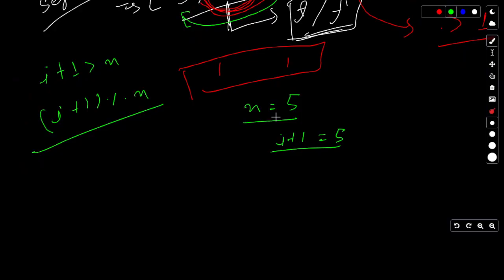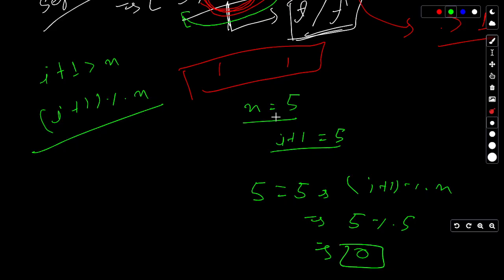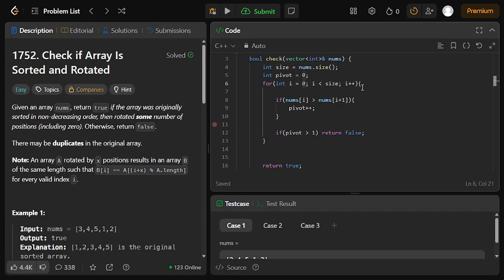When i plus 1 is exactly equal to 5, 5 mod 5 will be 0, and this is how we will go to the first index, and this is how we will compare the first and the last index, right? So one thing that we need to add here is this mod size.